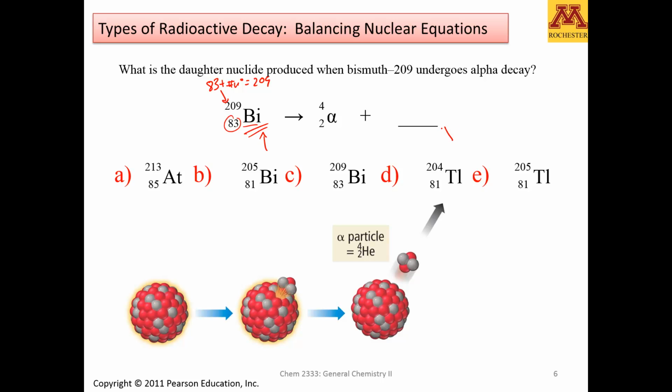The question is, what is the result? Well, in this case, if it loses 2 protons and 2 neutrons, whatever it is here, it will have 81 protons. If you go to the periodic table, the element that has 81 protons is thallium. Okay, so we can only have these two options. And now we have lost 2 neutrons and 2 protons.